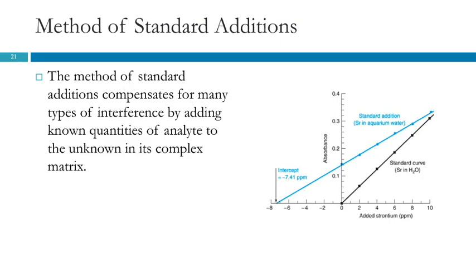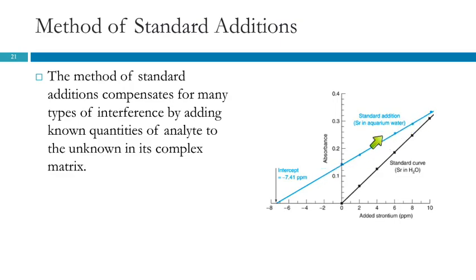The standard addition method, you take your sample and you measure the absorbance, and then you add known quantities of strontium to that sample. And so in this way, your standard curve has the same stuff in it that your sample does. So if you have interfering ions, they're going to interfere with everything, and it's probably going to be more linear.